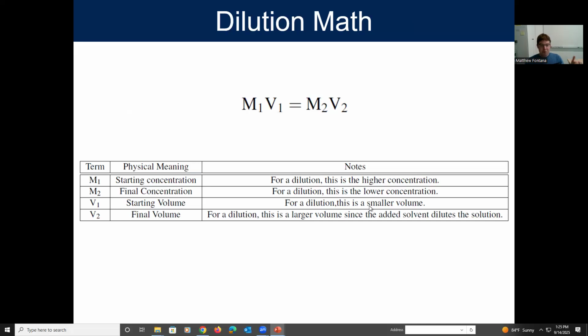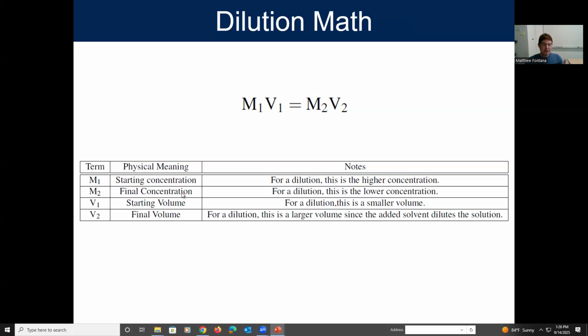If we're doing a dilution, we're going to add more volume, and so the volume we end with is going to be larger. So in the context of dilution, V2 is bigger than V1, and M1 is higher than M2.